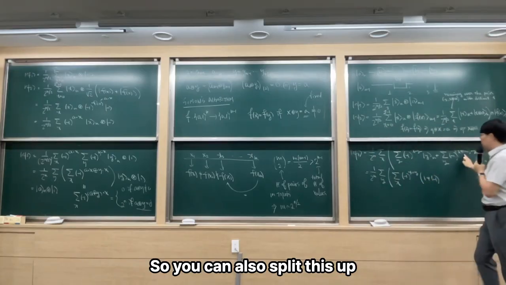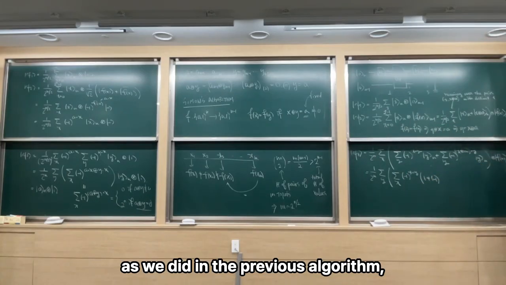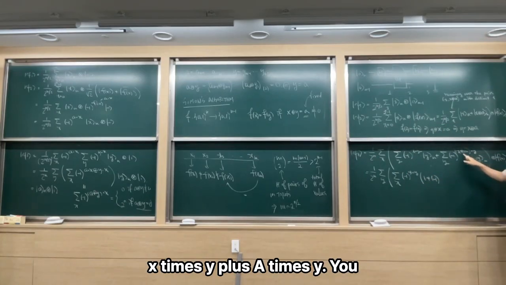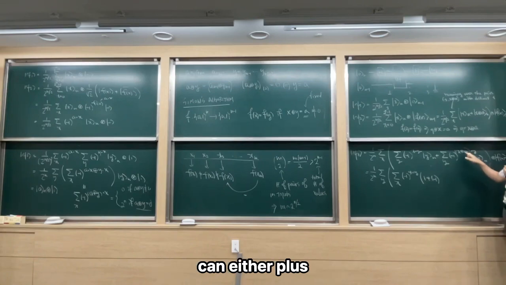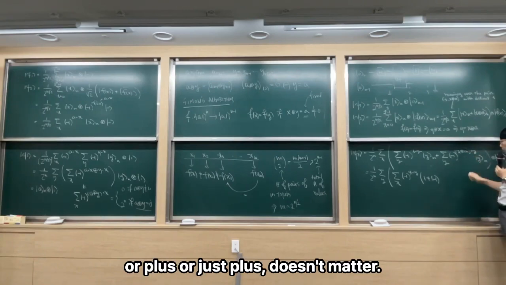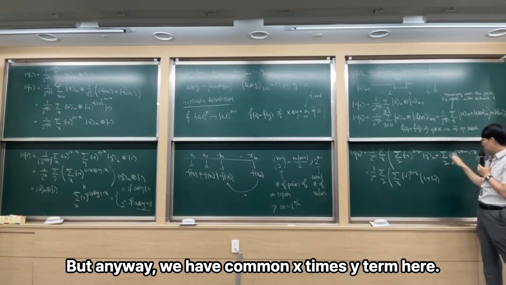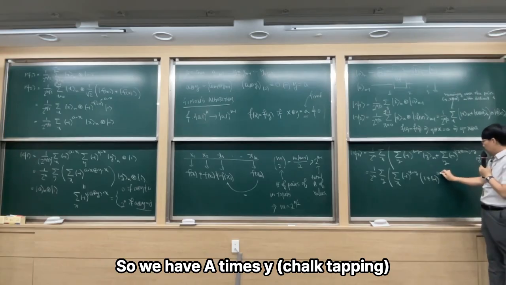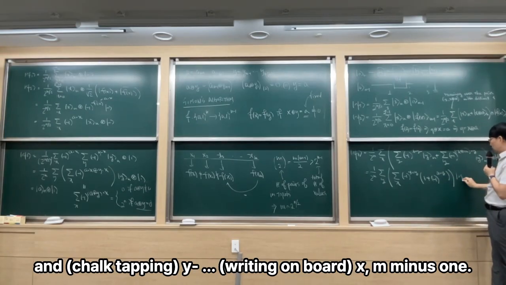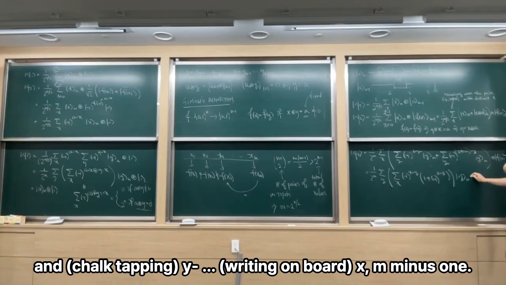You can also split this up as we did in the previous algorithm: x times y plus a times y. Anyway, we have the common x times y term here. So we have minus 1 to the a times y, and |y>, |f(x)>.